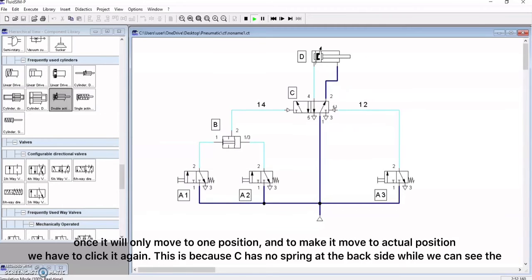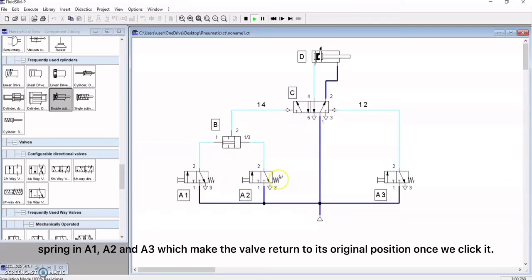This is because C has no spring at the back side, while we can see the spring in A1, A2 and A3, which makes the valve return to its original position once we click.